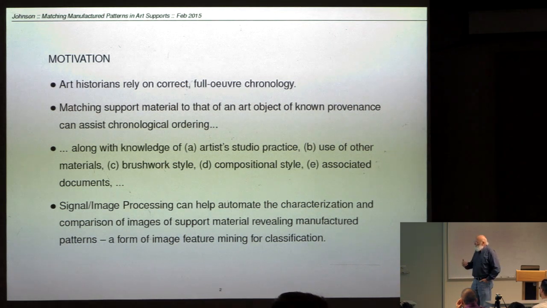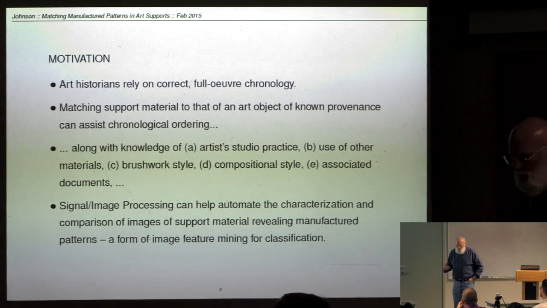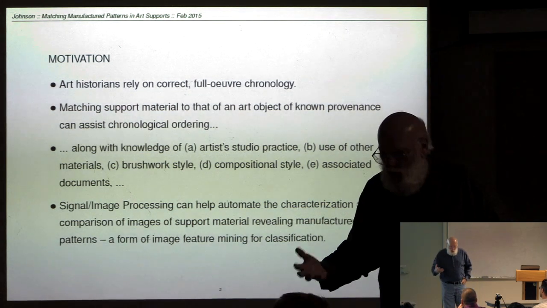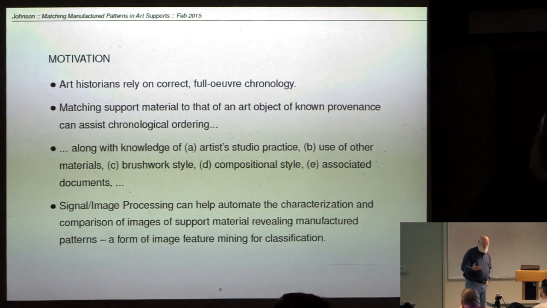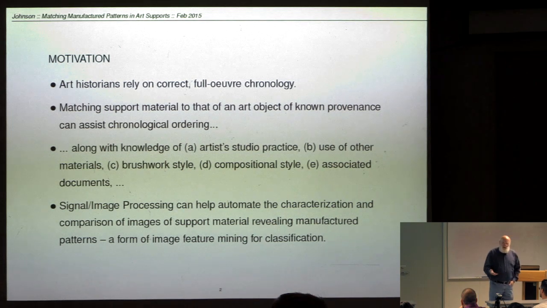But it seems pretty straightforward when you think about it that most of the materials that art is put on, and I'm going to talk just about canvas and paper, is a made material, and it turns out that these things often have patterns in them. They're not patterns that were there by design, but they're patterns because of the way the material was made.